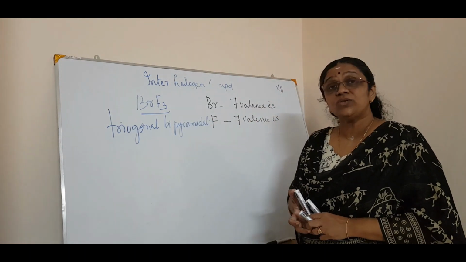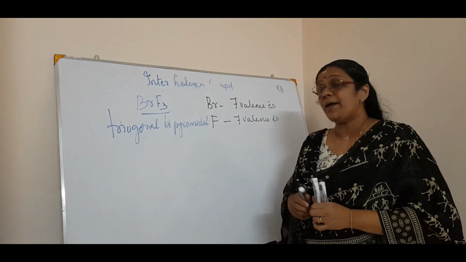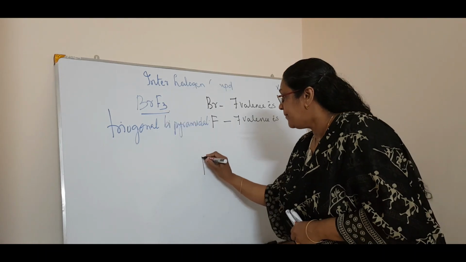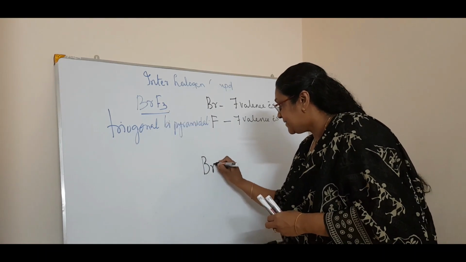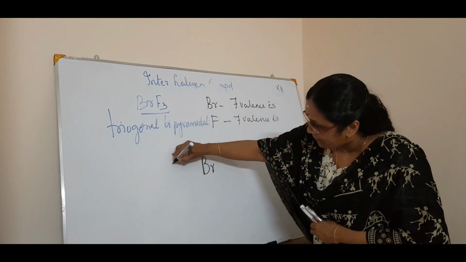Now we will see how the structure comes and how it is stable. Bromine is the central atom.